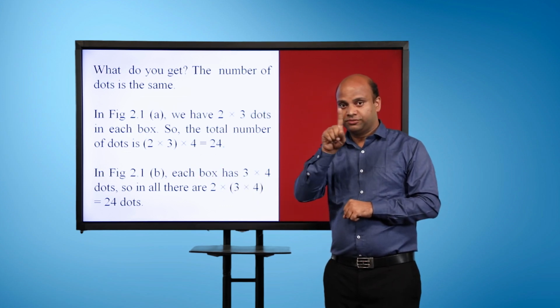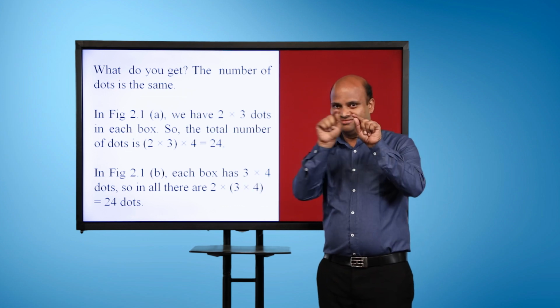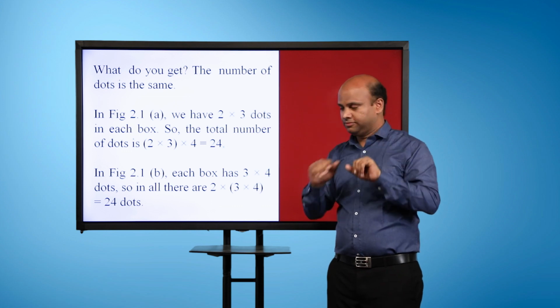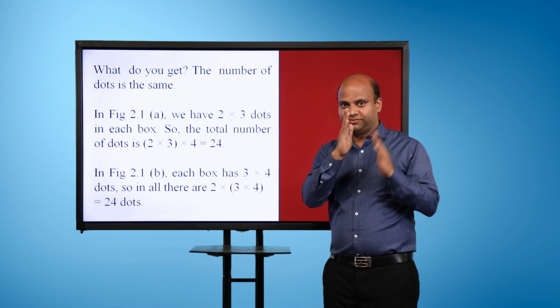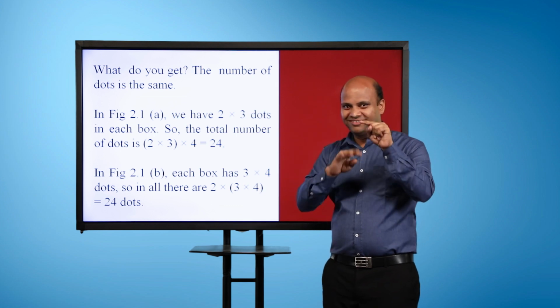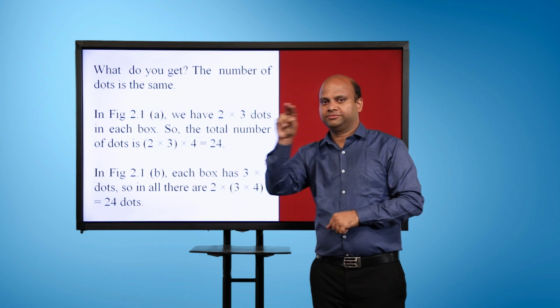In figure 2.1B, each box has 3 multiplied by 4 dots. So in all there are 2 multiplied by, in brackets, 3 multiplied by 4, which is equal to 24 dots.